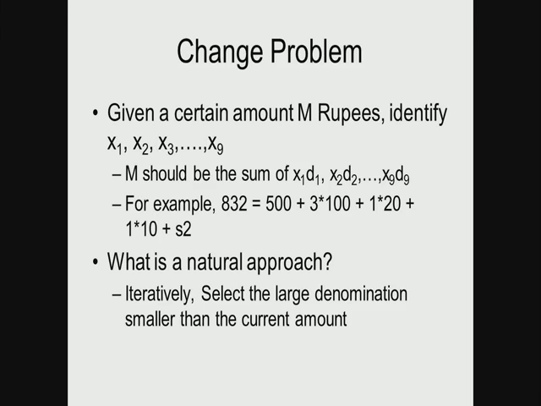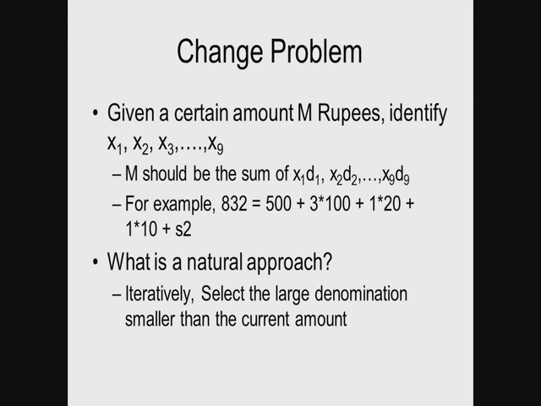The natural approach seems to be that iteratively we select the largest denomination which is available, which is smaller than the current amount. Let us observe this by the example itself. 832 is the current amount, and the largest denomination available to us is a 500 rupee note. So we pick up 500 rupees and the balance that is to be expressed is 332.